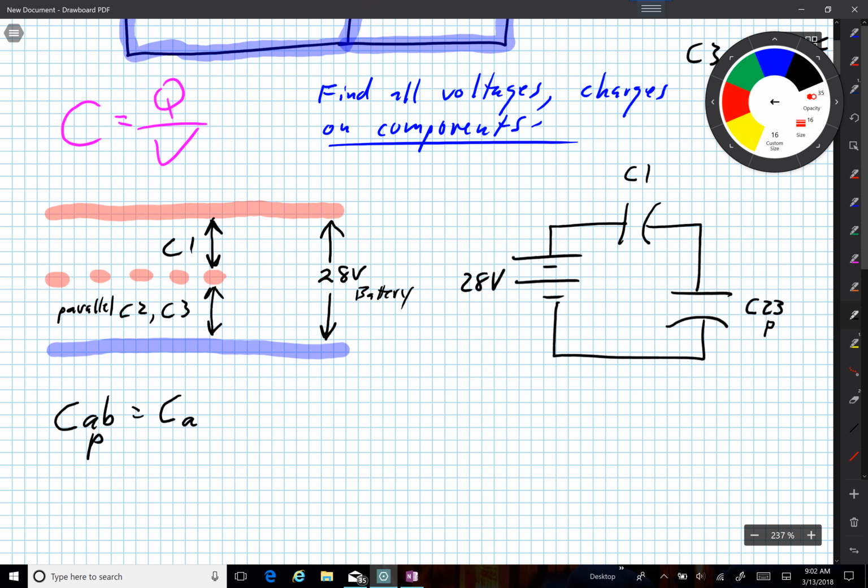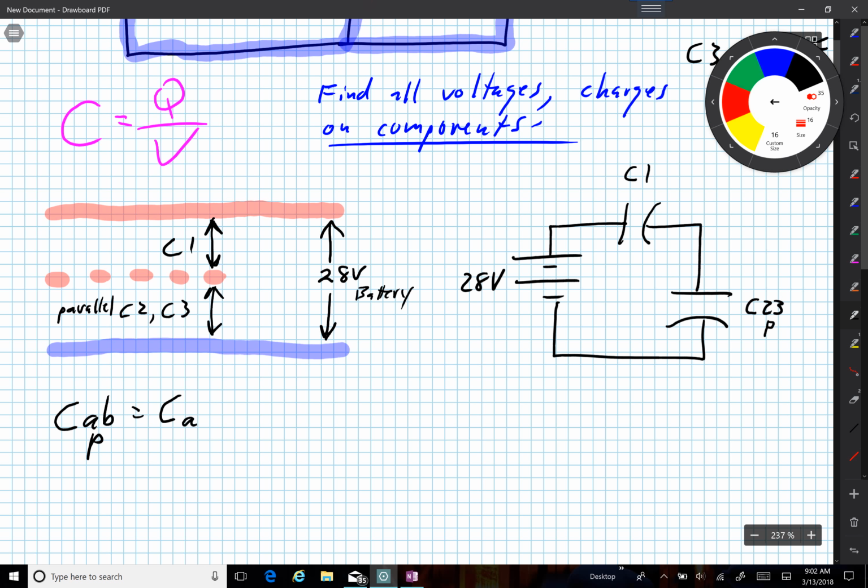So that means that C equivalent here is 1 over 7 plus 1 over 8. Right? Because C1, we said way back here, is 7 microfarads, and C23P is 8 microfarads.